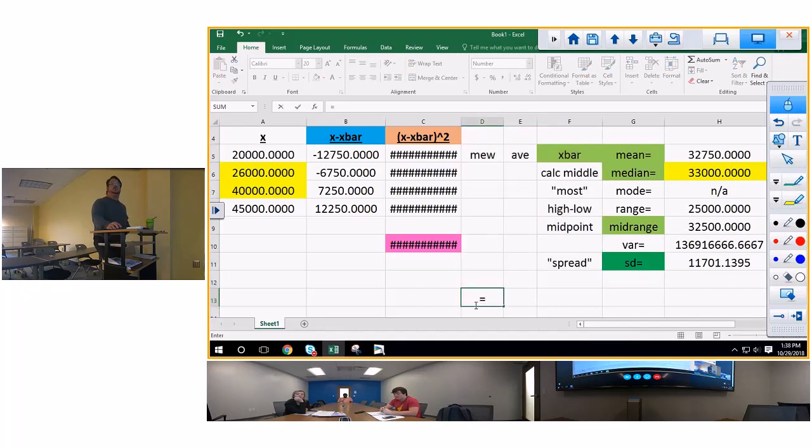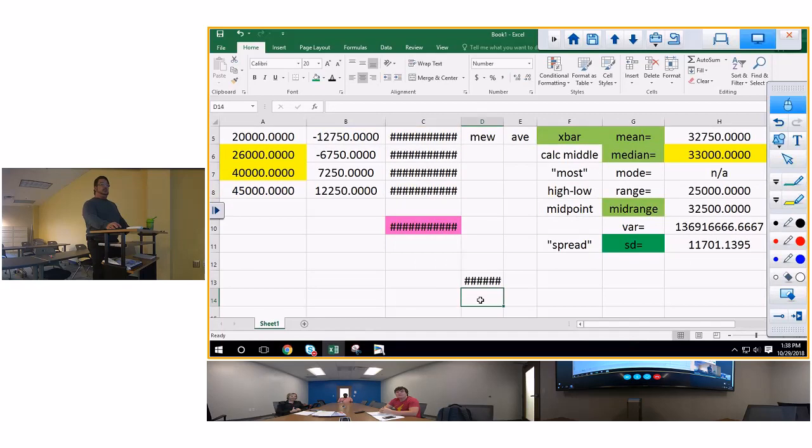Equals. All right, so we've got the average right here. And I'm gonna have to spread it out, and then I'm gonna go, okay, equals this guy plus the standard deviation. And I'm going to lock that. And then I'm going to go to the right one more.